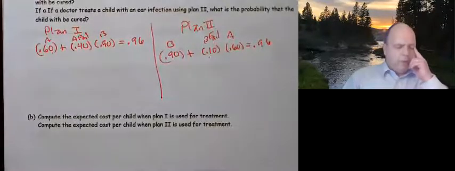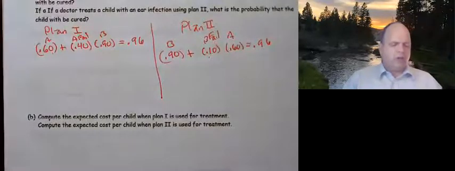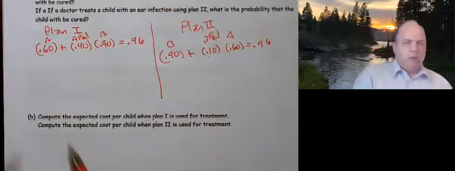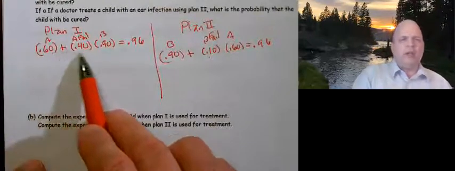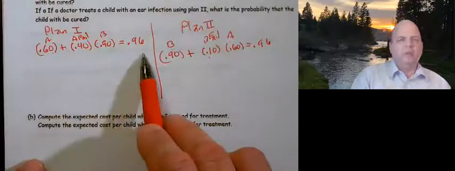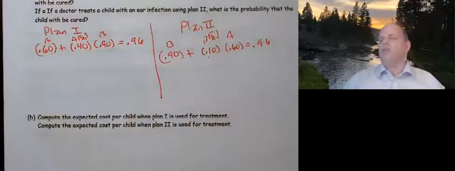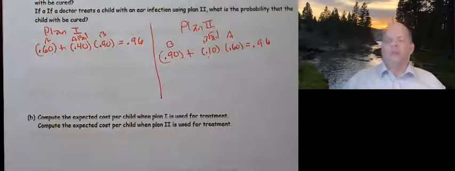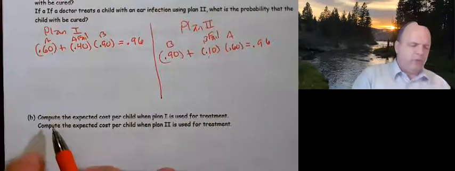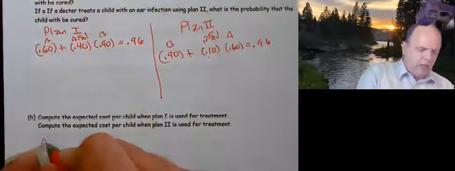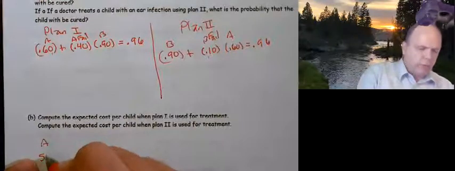Compute the expected cost per child when plan one is used for treatment. All right, so plan one. We know plan one works this way. So we know there's a 100% chance that we're going to spend the $50 because we're buying drug A regardless.